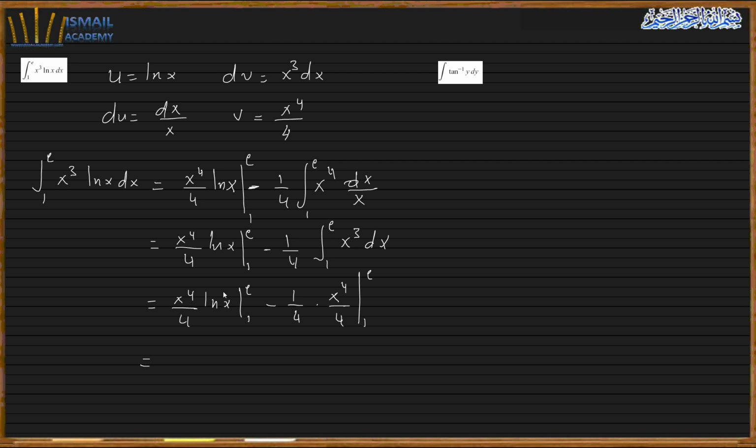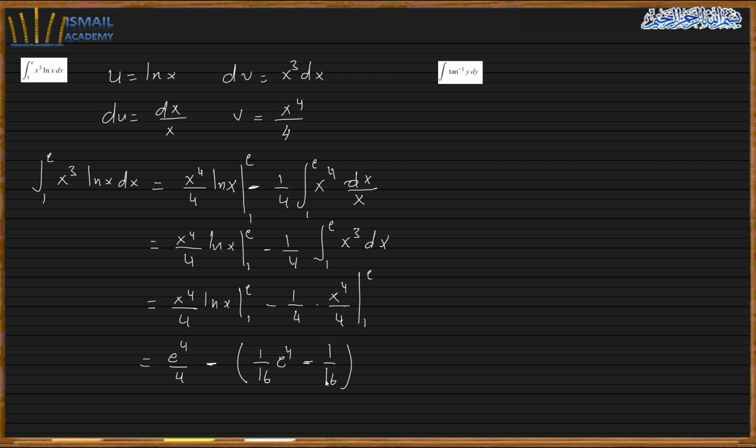So when we plug in e, ln e becomes 1 here, this is e to the 4 over 4. Plug in 1 here, it becomes ln of 1, which is 0, so we don't need to put this. Minus, then I will have 1 over 4 times 1 over 4, which is going to be 1 over 16. So it's going to be 1 over 16 e to the 4, and minus, if I plug in 1 here, it's going to be 1 over 16.